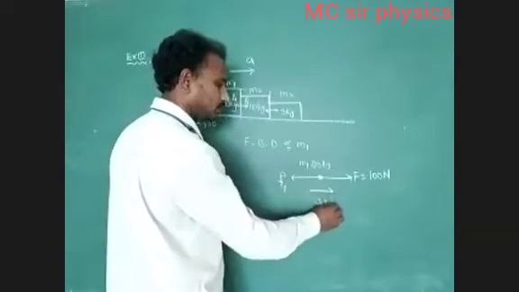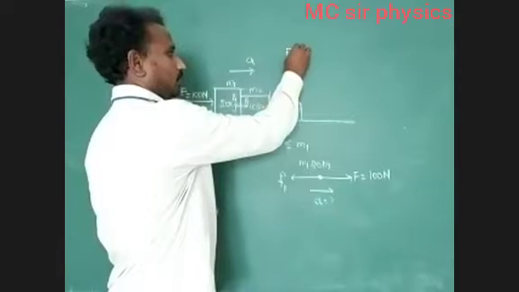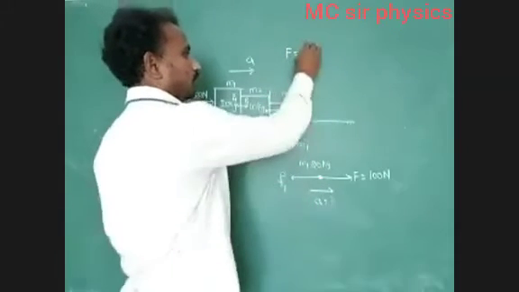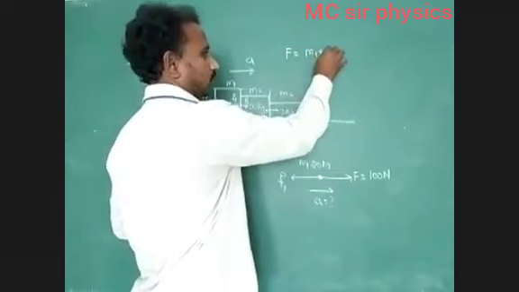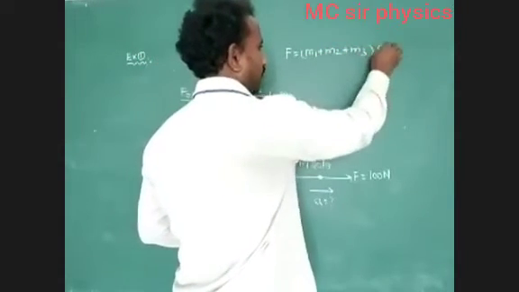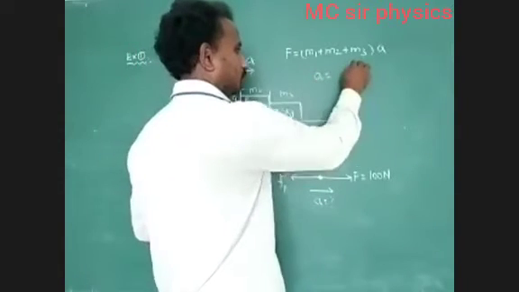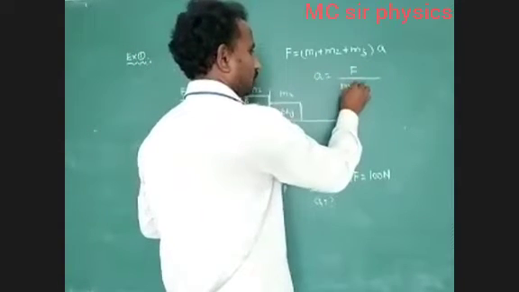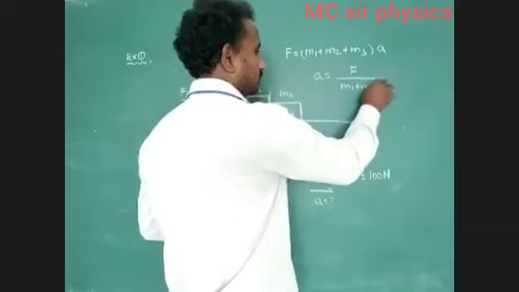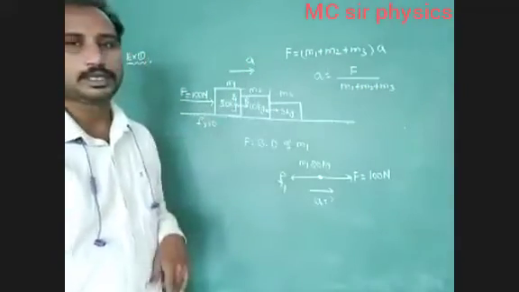Find the acceleration of the body first. Total force F equals m1 plus m2 plus m3 into acceleration. So acceleration equals F divided by m1 plus m2 plus m3.